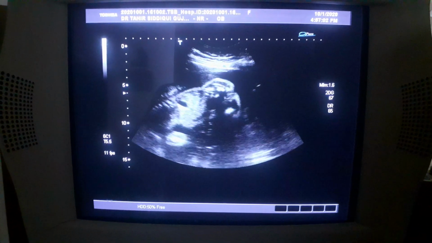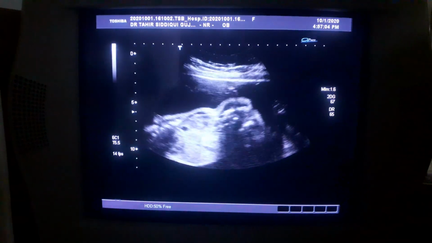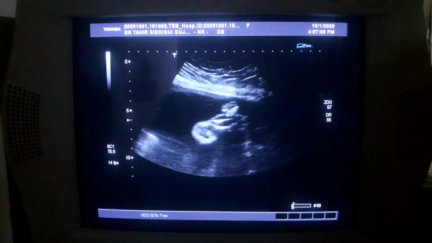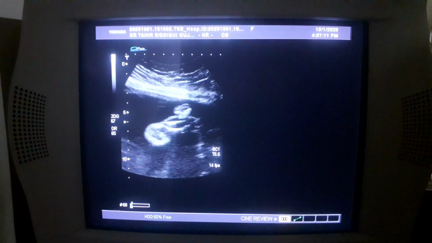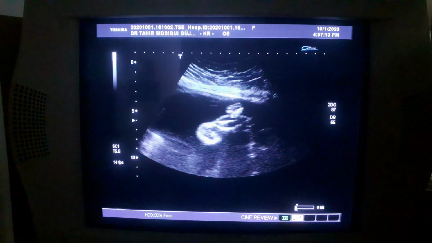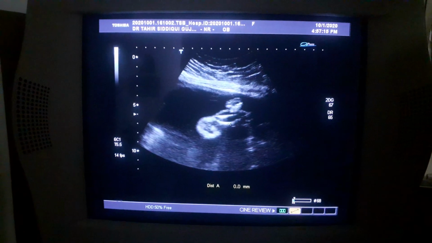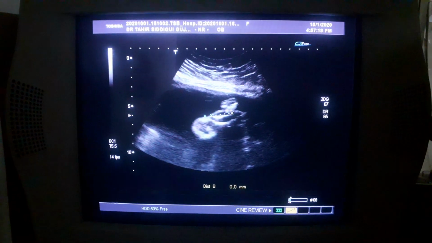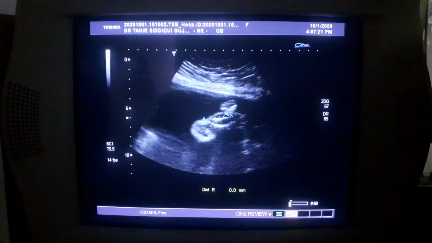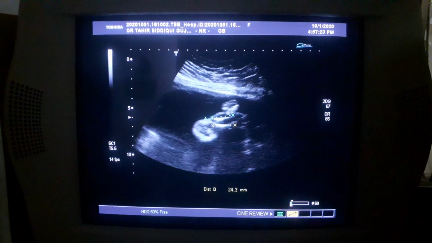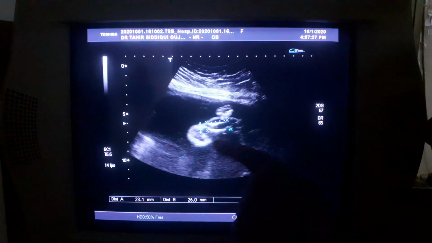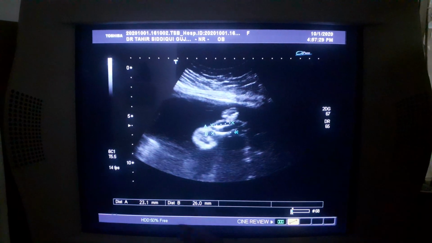And that is, you will see that all the limbs of both fetuses, now this is the tibia and fibula. See the measurement. 23 is the measurement of the, this is the tibia. Now tibia measures 26 mm. This is the tibia fibula, measures 23.